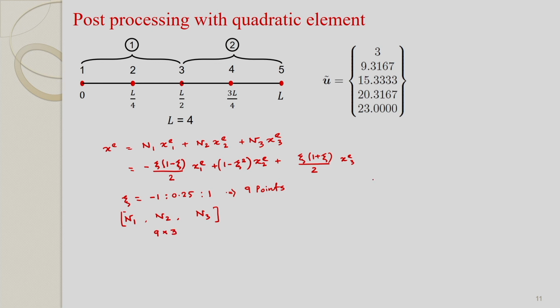Now we know u at any xi is n1 ue1, n2 ue2, n3 ue3.